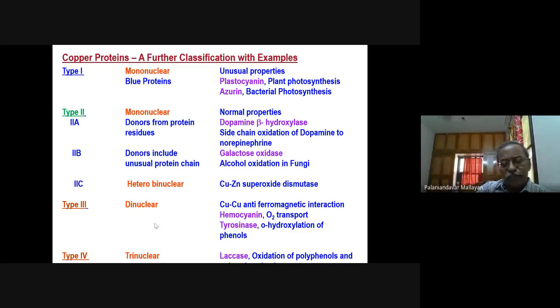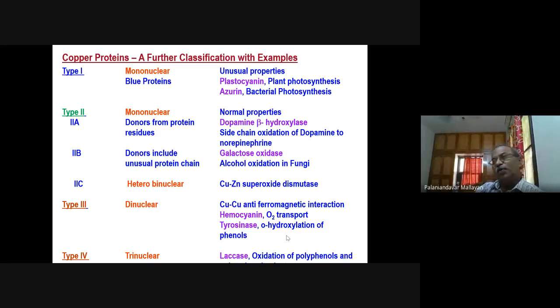The type 3 proteins, as I was telling in hemocyanin here, they are dinuclear. So copper-copper interaction will be there, antiferromagnetic interaction. So you have EPR silent species, hemocyanin, which I talked about at length in my last lecture, involved in oxygen transport. Another enzyme is tyrosinase enzyme.